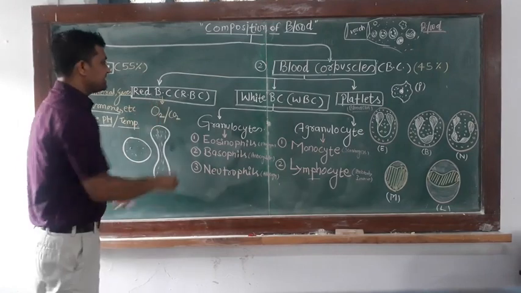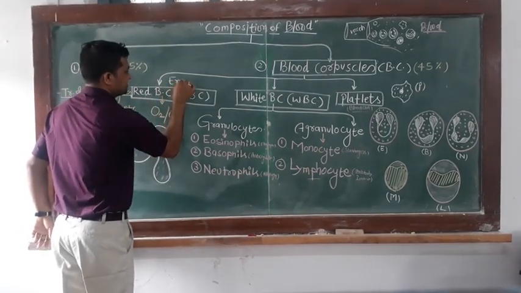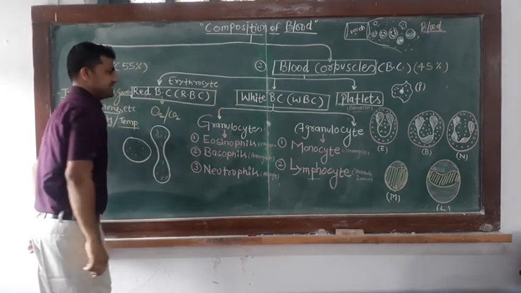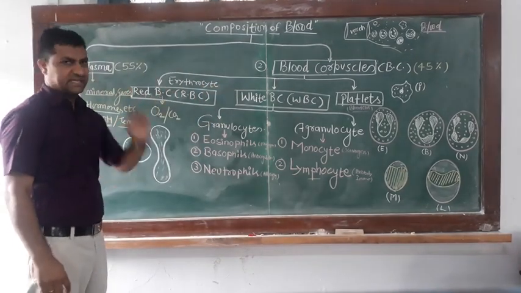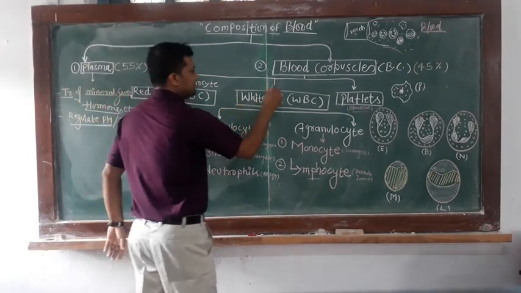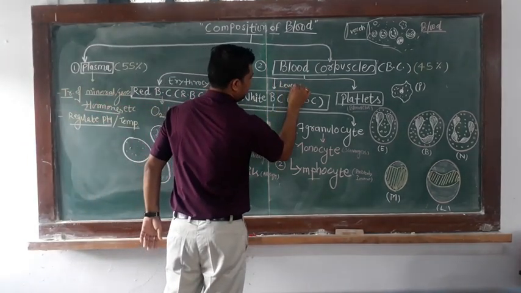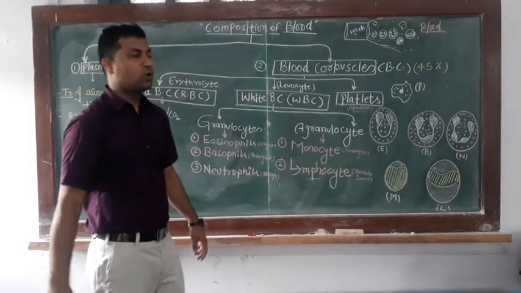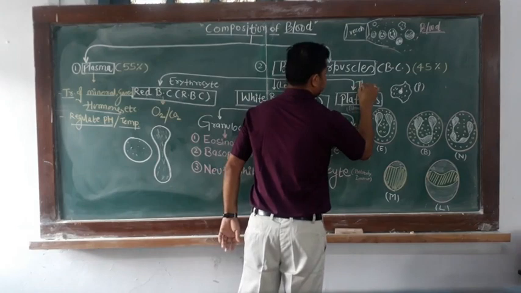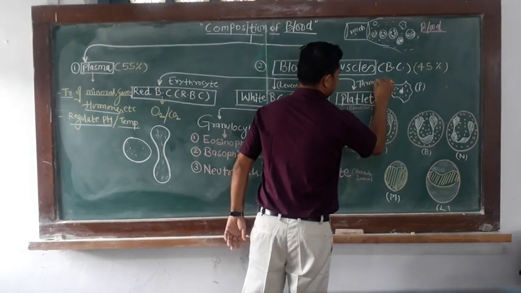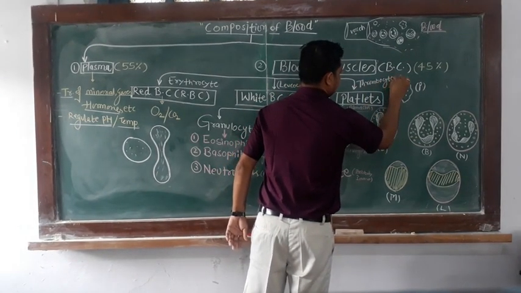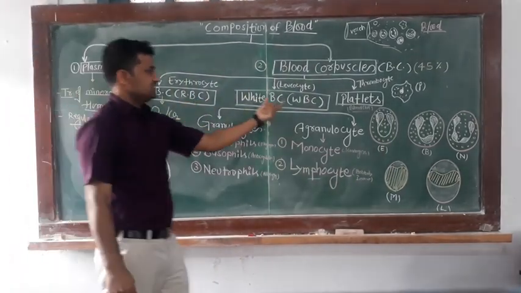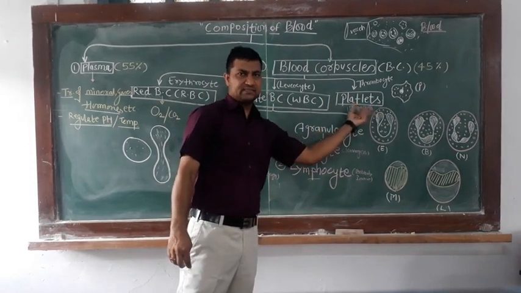RBC is also called erythrocytes, WBC is also called leukocytes, and platelets are also called thrombocytes. So RBC, WBC and platelets are the three types of cells.